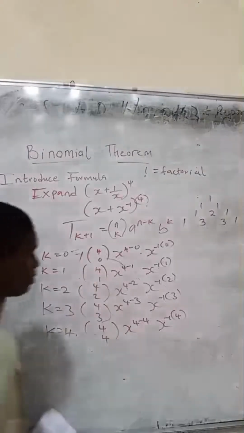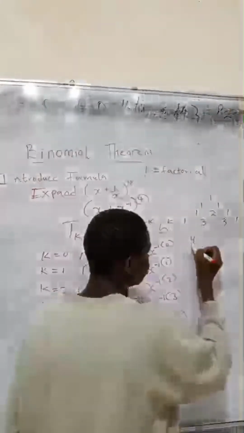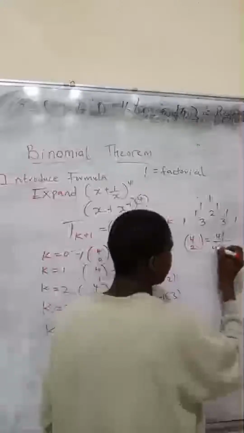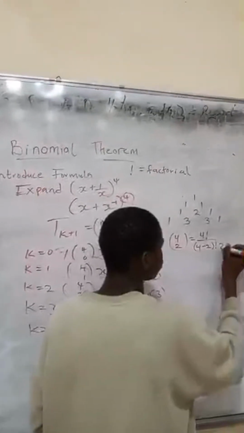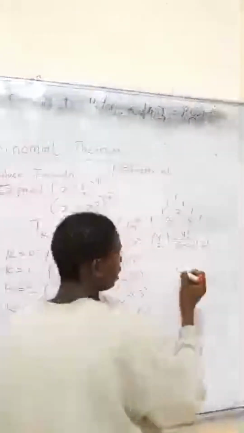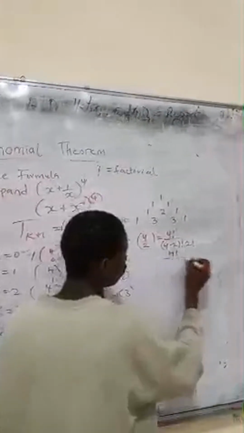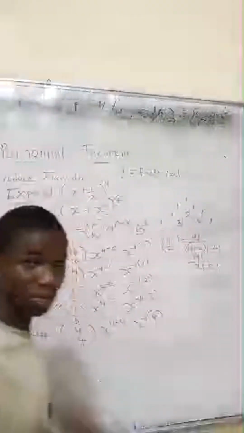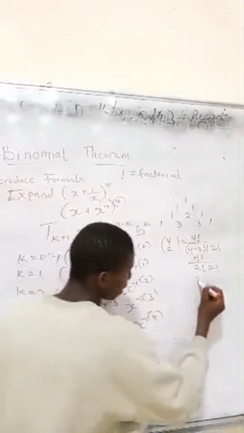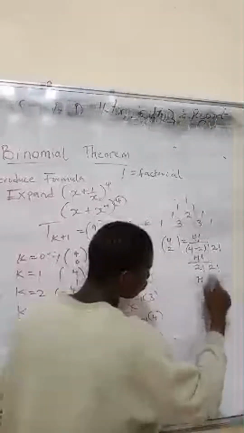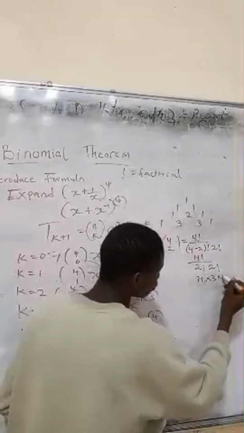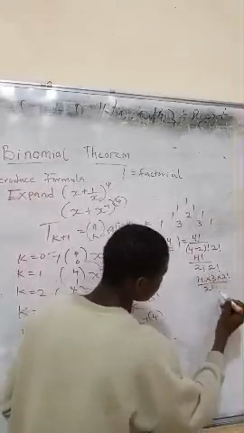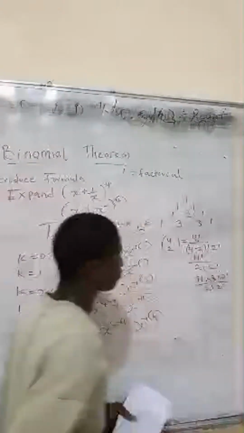So let's solve for this part. So my 4 choose 2, which is going to give me 4 factorial over (4 minus 2) factorial times 2 factorial. You understand? So I have my 4 factorial over 2 factorial times 2 factorial. From this point, I'm going to be having my 4 factorial, which is 4 times 3 times 2 factorial, all over 2 factorial and 2 factorial.